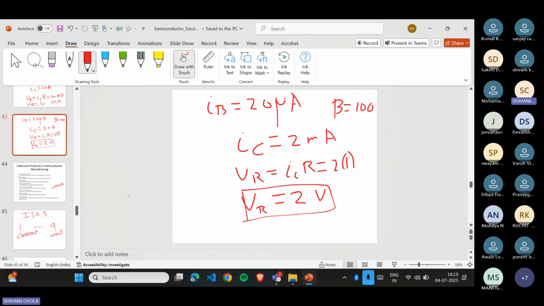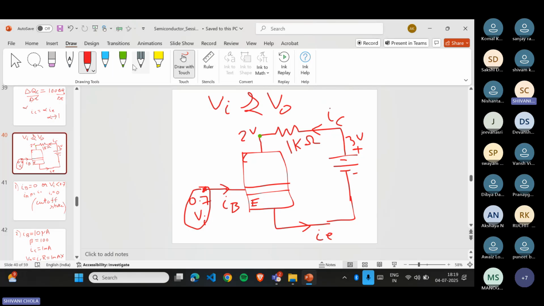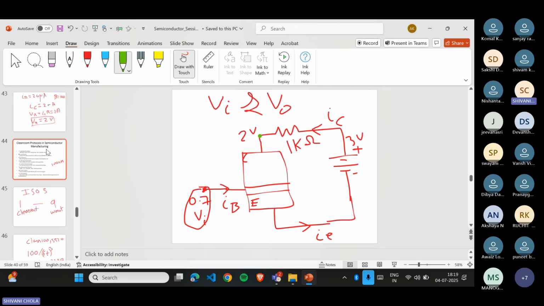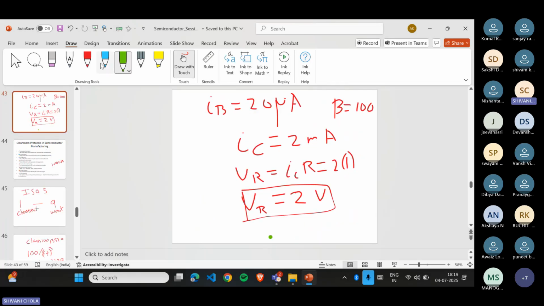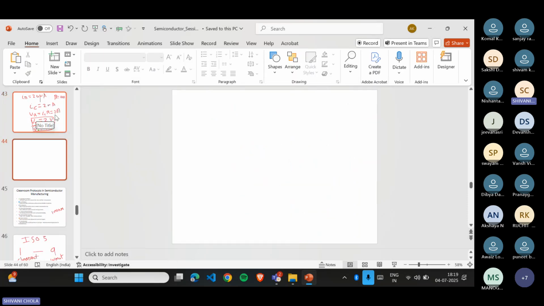So if you subtract 2 from the initial 3, only one volt will be there right now. So the potential at the green point in this case will be 1 volt. Clear?